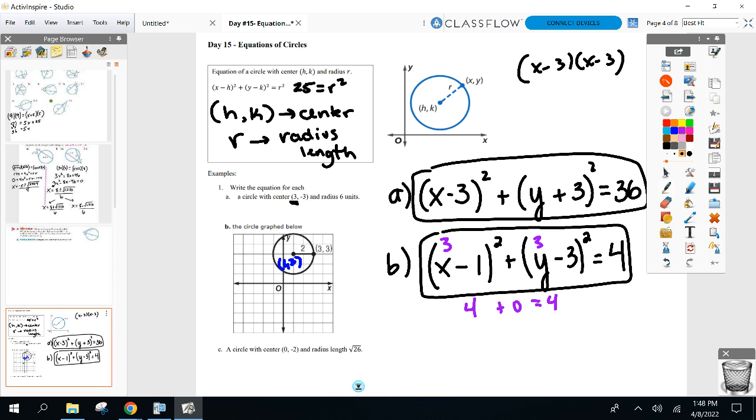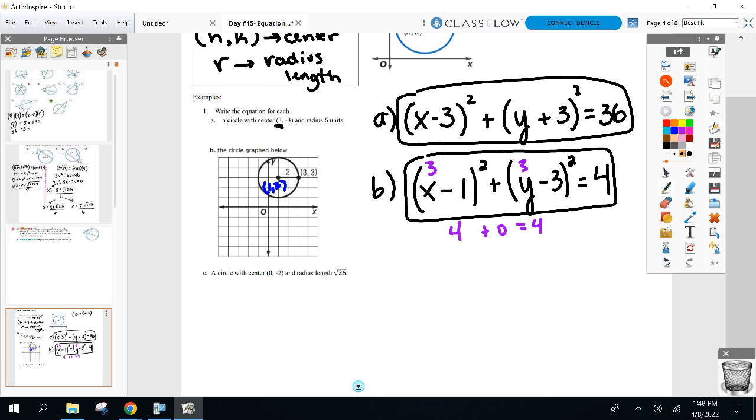If you're given that point, you don't have to plug it in. X stays X, Y stays Y. X and Y are just points on the circle, as you can see there with the 3, 3. Great question. Anybody else? You good, Jonathan? All right, great.